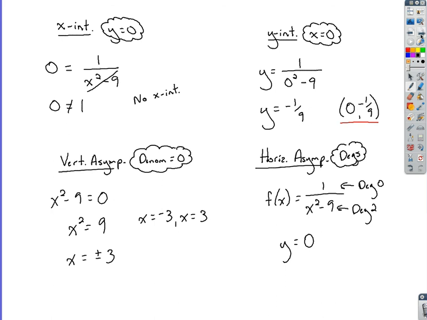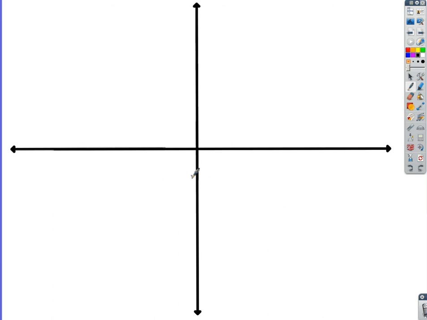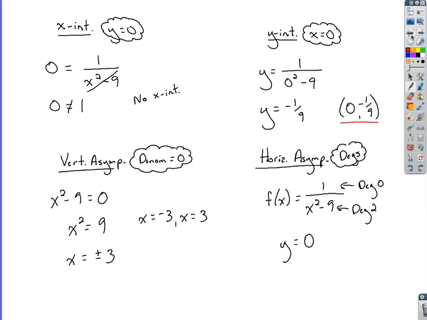We got a y-intercept. We also know it's a relative max based on one of those charts we came up with. There's 0 and -1/9. Other useful information from this page. We've got the asymptotes we can draw in. Got 2 vertical, 1 horizontal.